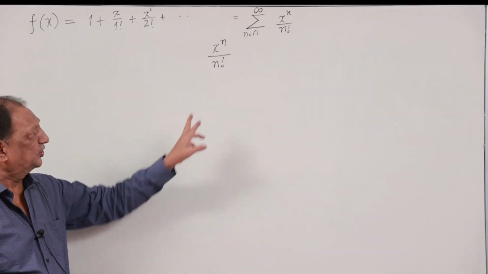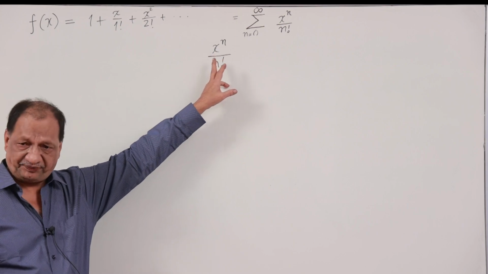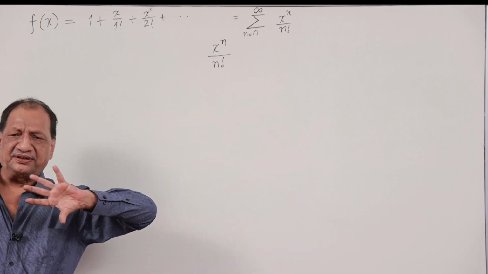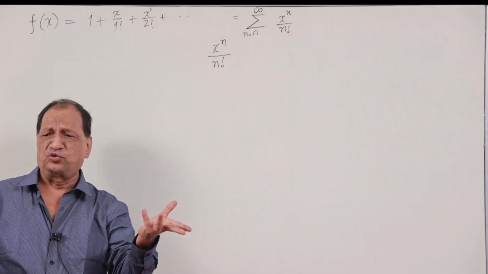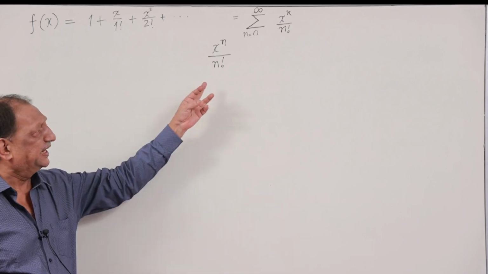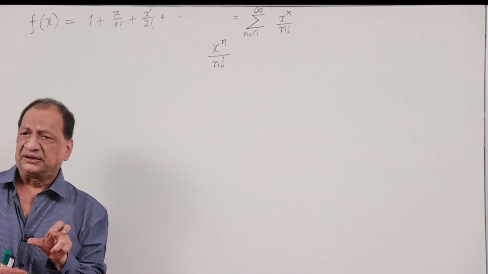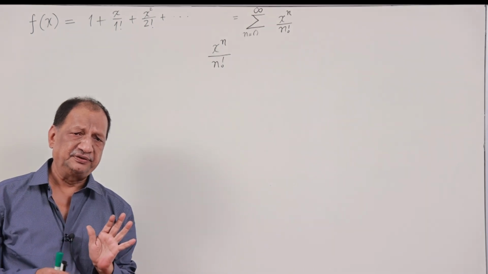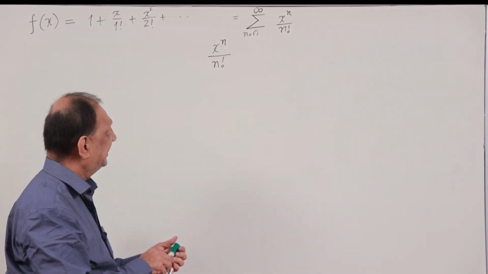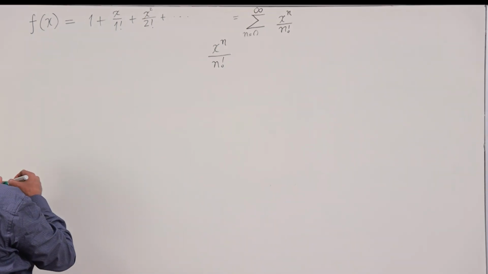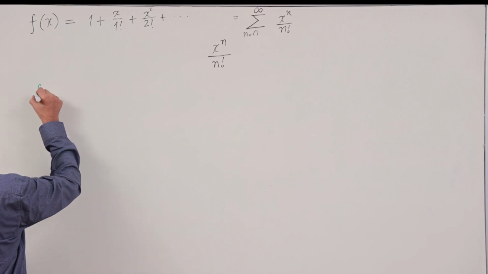That we know that once n crosses x, see, x is any number, yeah? X can be 100, 2, 4, whatever, no? So till n is less than x, these terms are increasing actually, right? We'll rewrite that to show that. I'll rewrite this fx in a slightly different way.